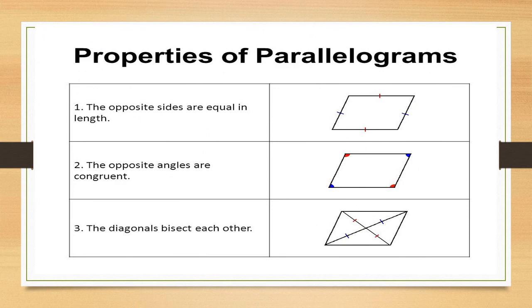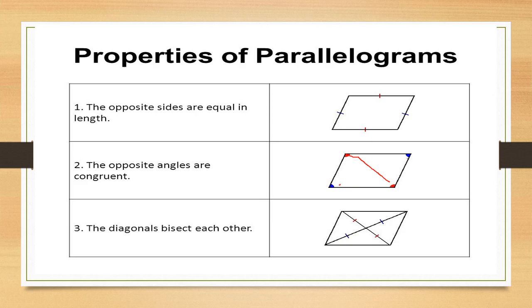Next, here we are going to see some important properties of parallelogram. What are the properties of parallelogram now? First one is the opposite sides are equal in length. These two sides are equal in length. The opposite angles are congruent. These two angles and these two angles are congruent. Congruent means same. Then the diagonals bisect each other.